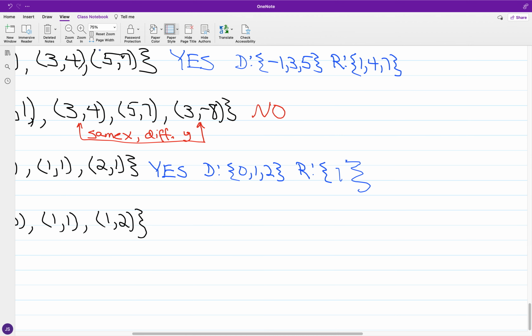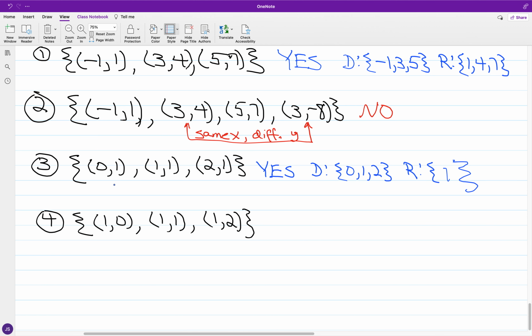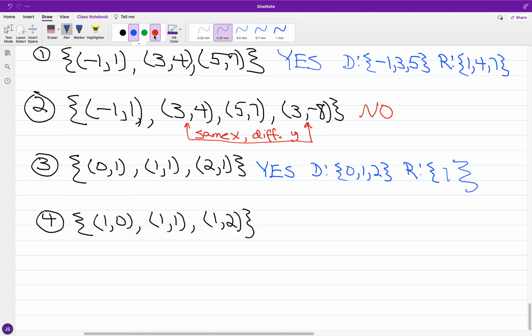And now for the final instance, I just switched the order of the x and y values. Now let me mention this: when a function has its x and y values switched, and the switching also forms another function, that original function will be regarded as a one-to-one function. That's a future topic we'll be looking into.